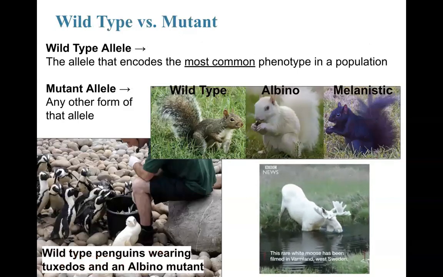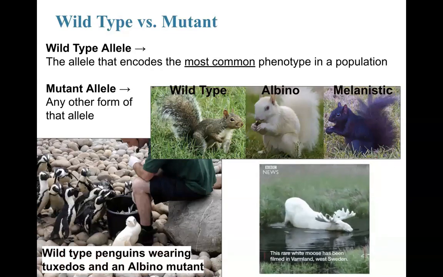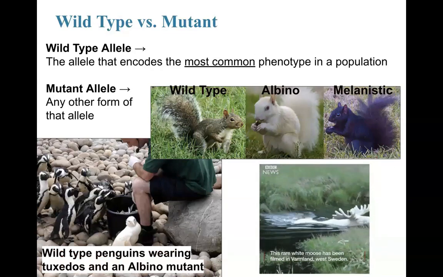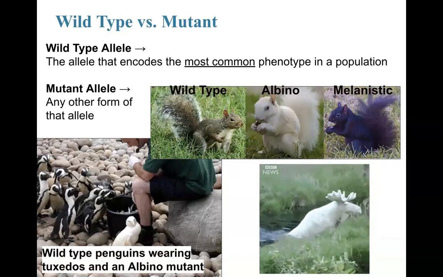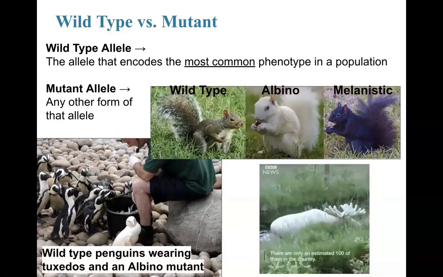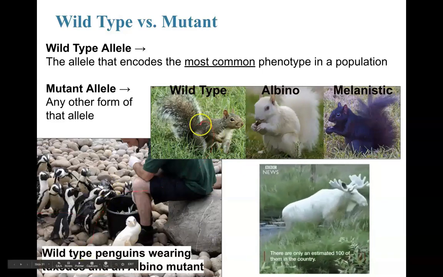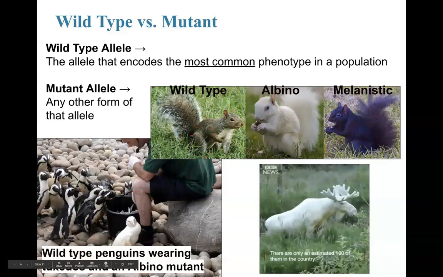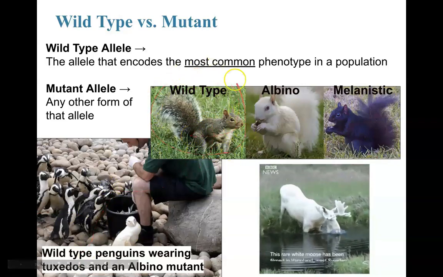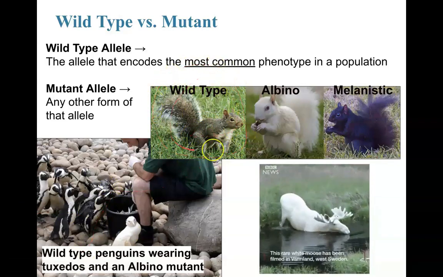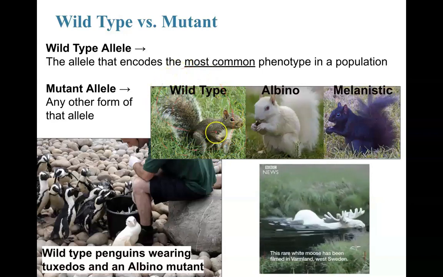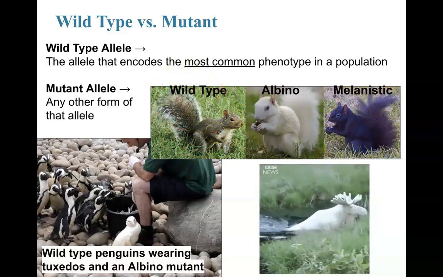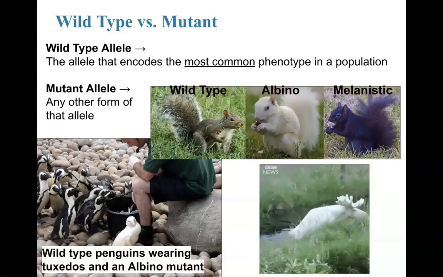So some examples of a wild type versus a mutant. A wild type allele is going to be the most common phenotype in a population. Here I'm giving you an example of a squirrel. Wild type, most common, is going to be that brown color squirrel that we see. Mutant alleles are any other form of that allele that are not found most commonly.